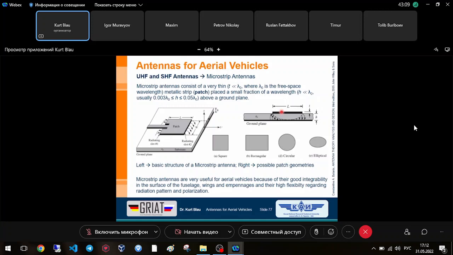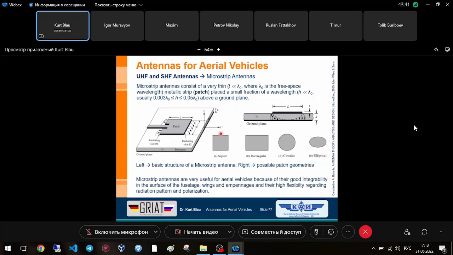The problem is you have to use such materials which have a good conductivity and with which you can make a structure by etching, by photo etching, and from this point of view, copper is perfect. It has a very high conductivity, and we have special materials for etching the structure in this way.